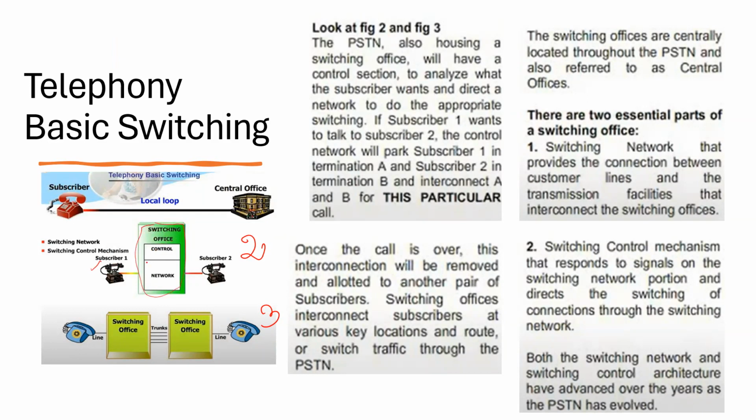In the switching office, two functions happen: one is control, and the other is networking. This is how we are connected to subscriber 2 by this switching office. In the third figure, you can see that there are two switching offices, and in between we have trunks.